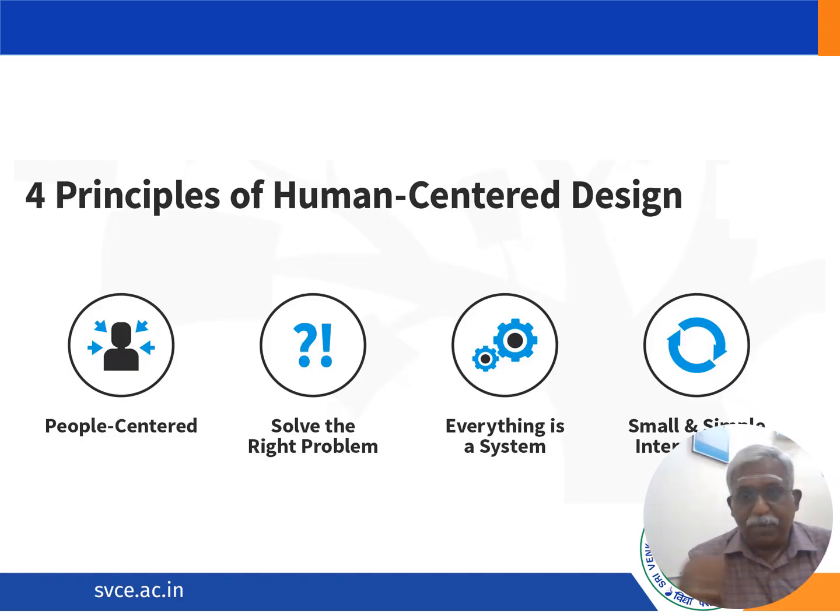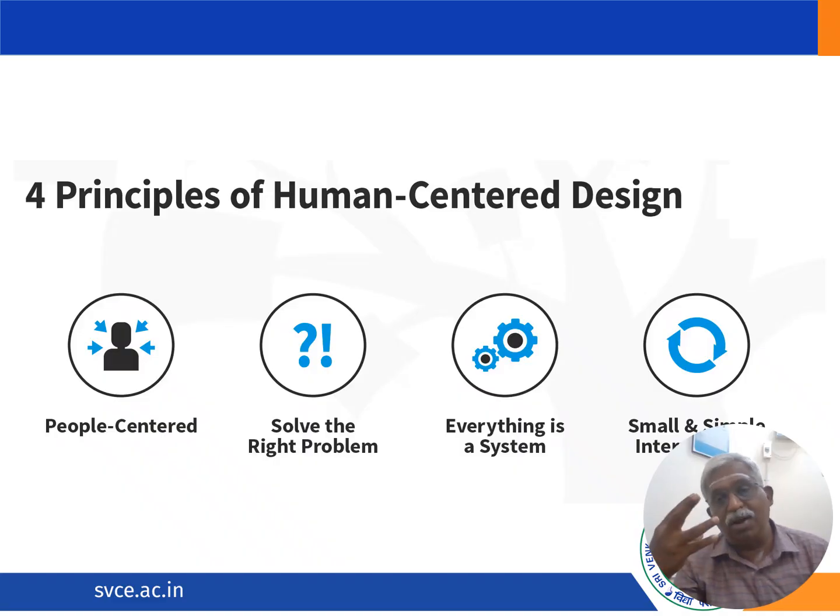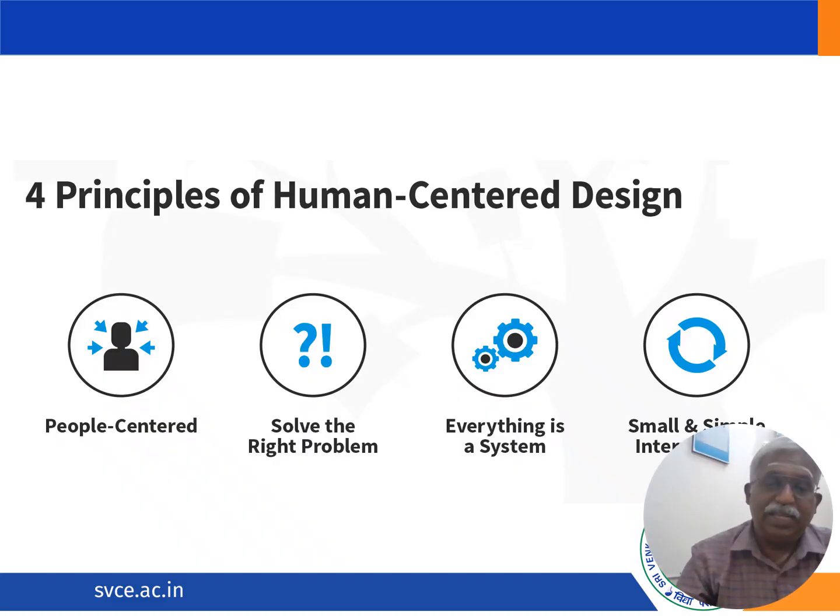With these four principles and five steps, we will solve through human-centered design thinking. The four principles: people-centered, solve the right problem, everything in a systematic way, and simple and small interaction.